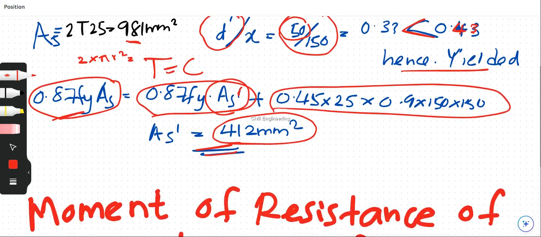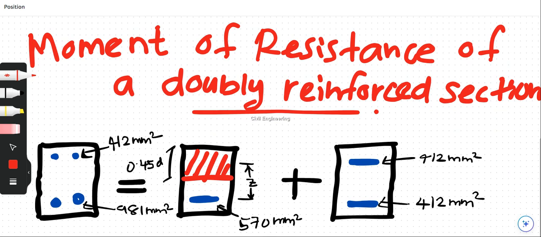Okay, here my main target is to discuss how the compression reinforcement, tensile reinforcement and the concrete behave together to maintain the moment of resistance of this section.